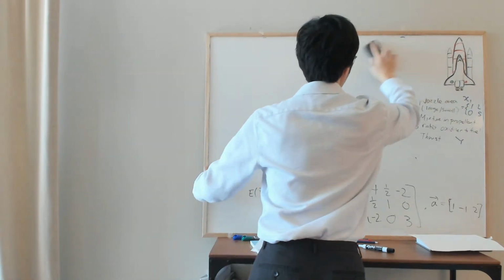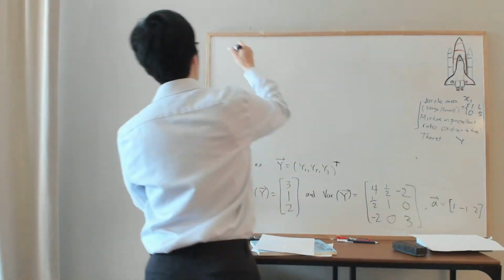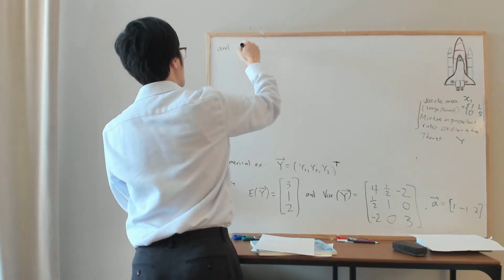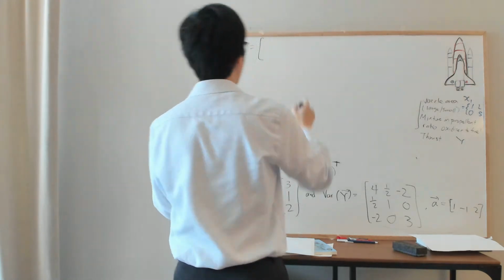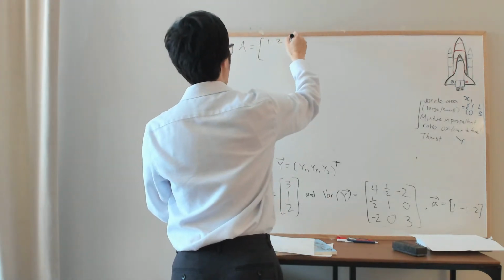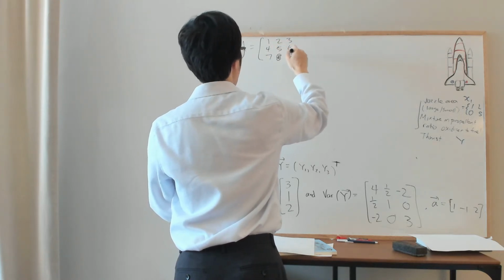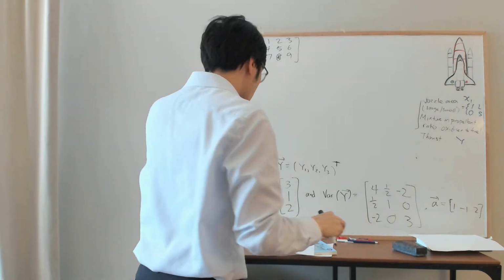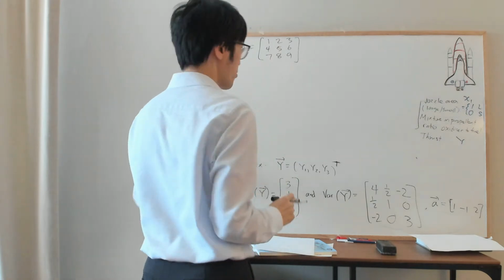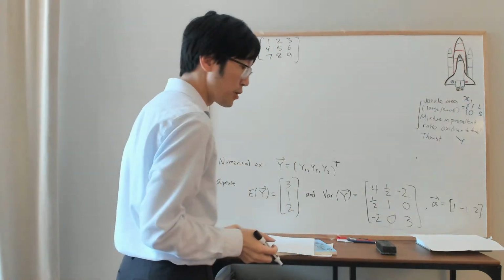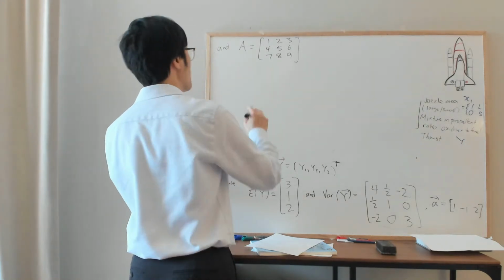So let's define one other, and also give you a matrix A as well. Not going to be very creative: 1, 2, 3, 4, 5, 6, 7, 8, 9. Okay, so based on the facts we described, we can calculate the mean and variance of these.